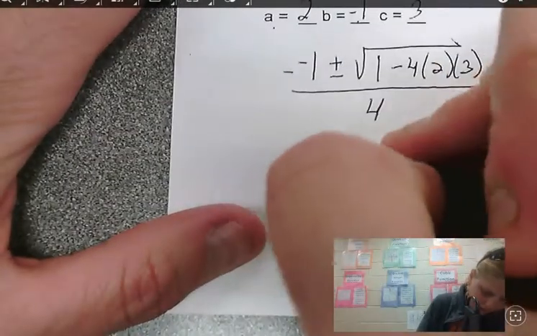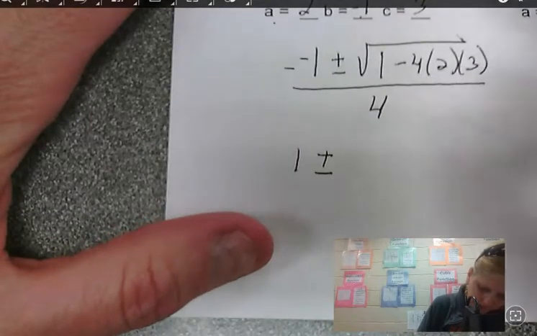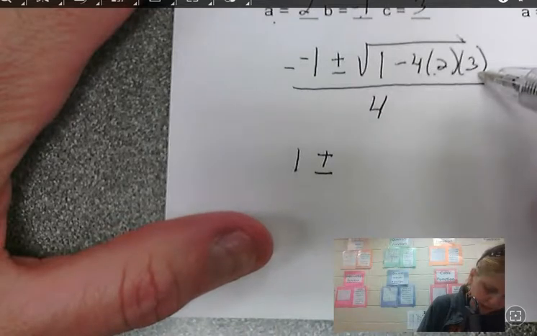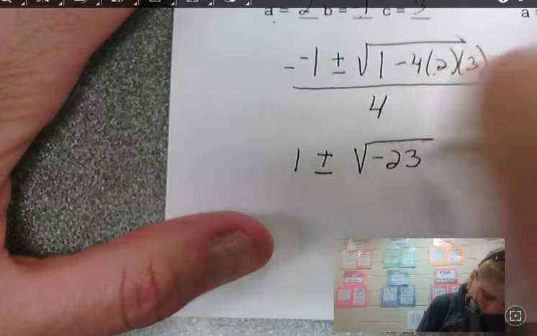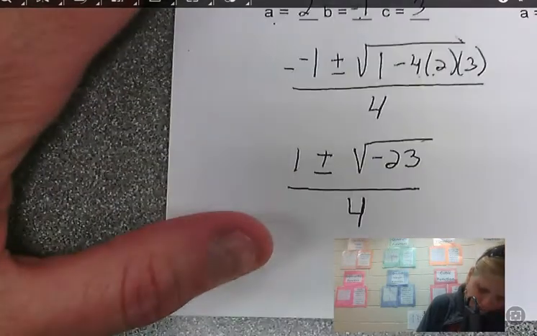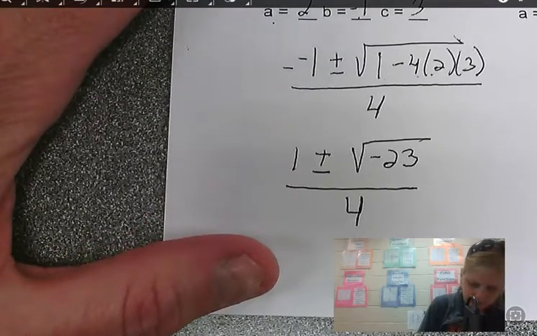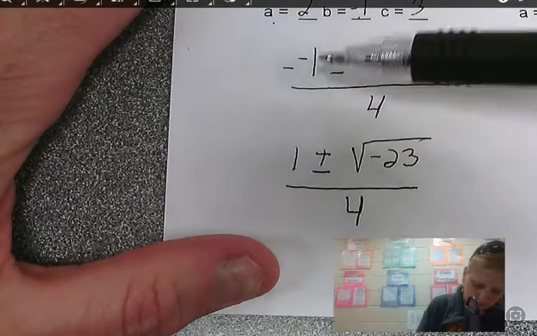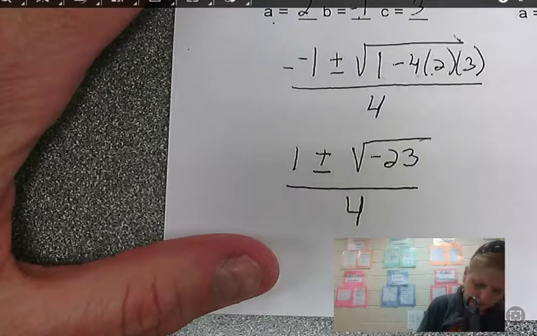So I get 1 plus or minus, yikes, what did we give you already in the first one? 4 times 2 is 8, times 3 is 24, 1 minus 24 is the square root of negative 23 all over 4. Did that already go right? So wow, we started giving you imaginary before we started.